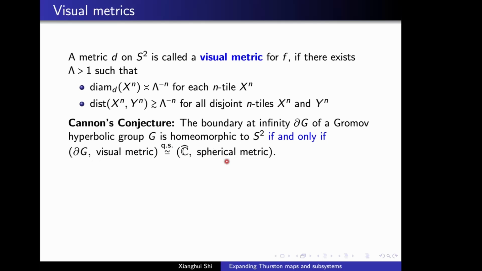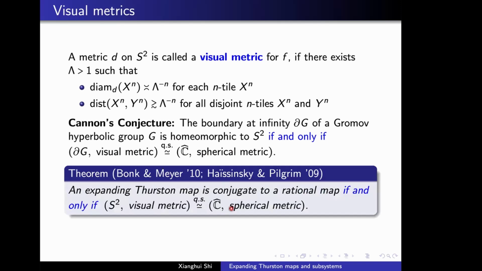Okay, and Sullivan introduced a dictionary which connects two areas of conformal dynamics. One is the iteration of rational maps, complex dynamics, and the other is the Kleinian groups.